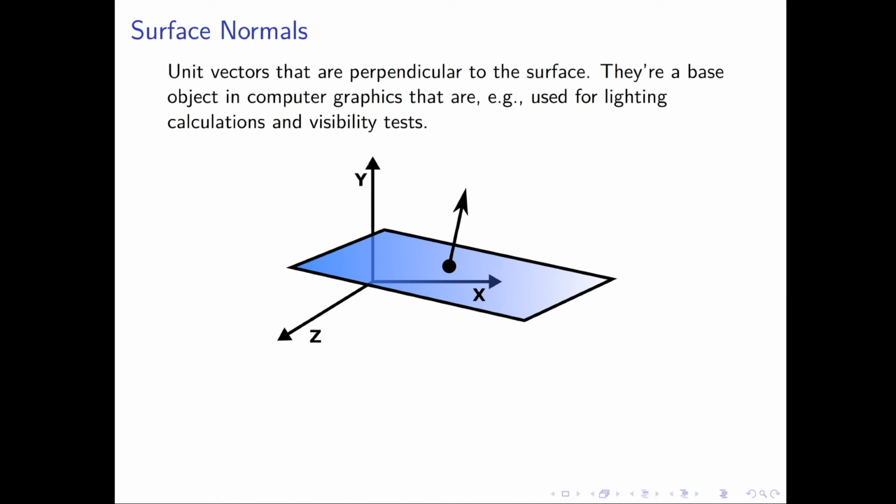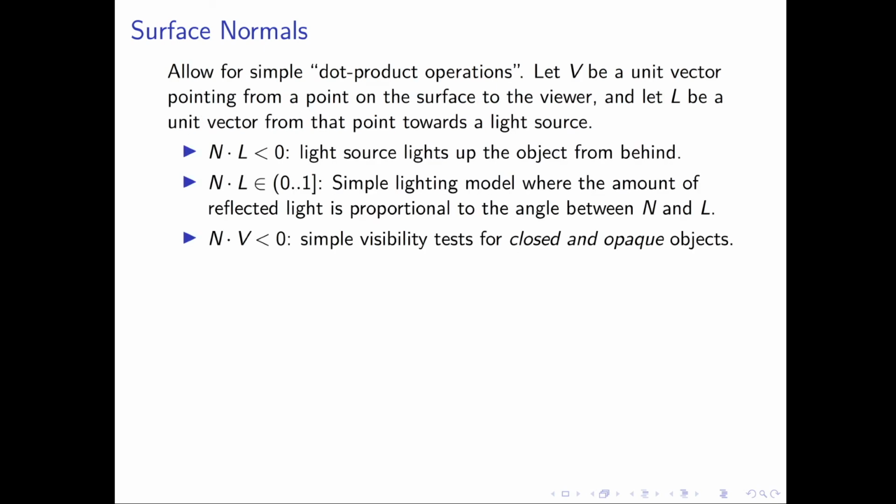What they basically are is a vector that is perpendicular to the surface. When you have a triangle, you can simply compute the surface normal by computing the cross product of two edges of the triangle.